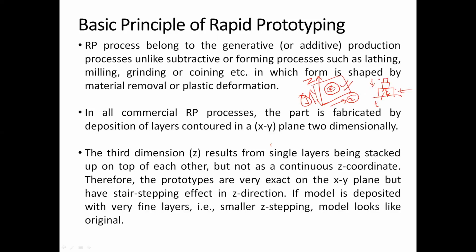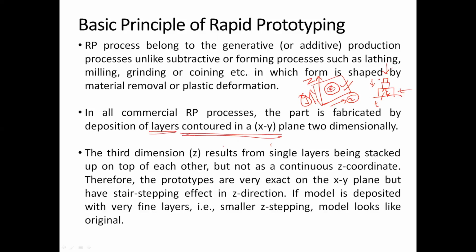In rapid prototyping, what basically happens is the deposition happens along the Z direction. The object is going to be deposited along the Z axis. The layers are going to be contoured in the xy plane.